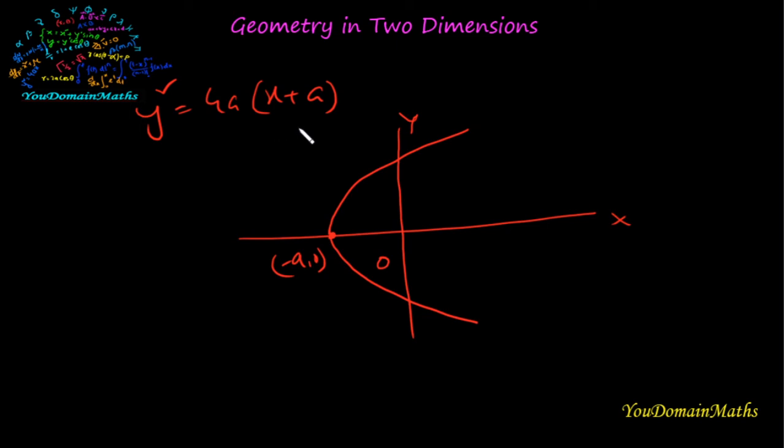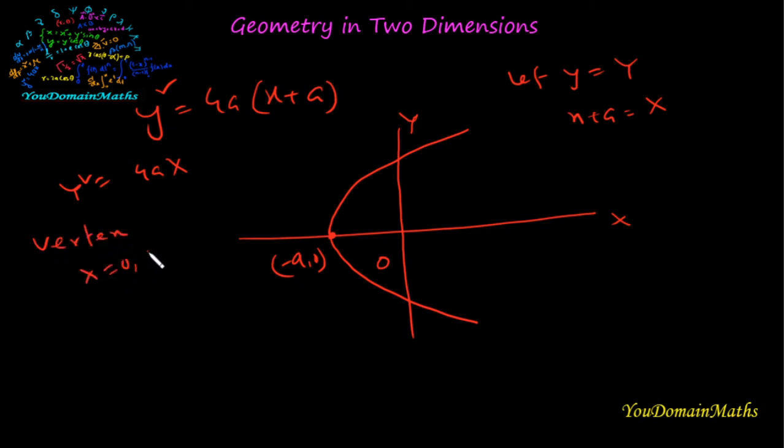Then we will see the focus and other things we will discuss. Let small y equal to capital Y and x plus a equal to capital X. Then we will see that y square equal to 4a capital X, and the vertex is capital X equal to 0 and capital Y equal to 0.